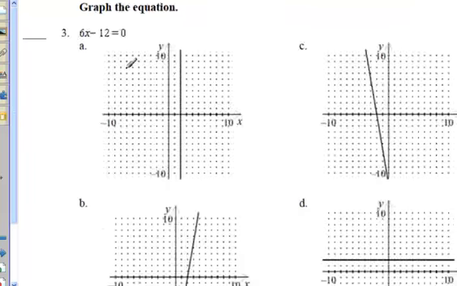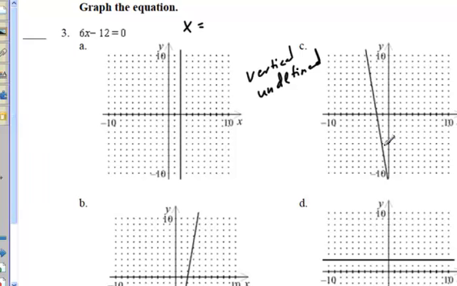Well, in this question, I'm only going to have an x left. It's going to be x equal to something. So you remember what kind of line that was? Obviously, it's the opposite of a horizontal line. It's going to be a vertical line. And your slope here would be undefined, even though they're not asking you for it. So which one of these equations has a vertical line? And it would be this one right here.